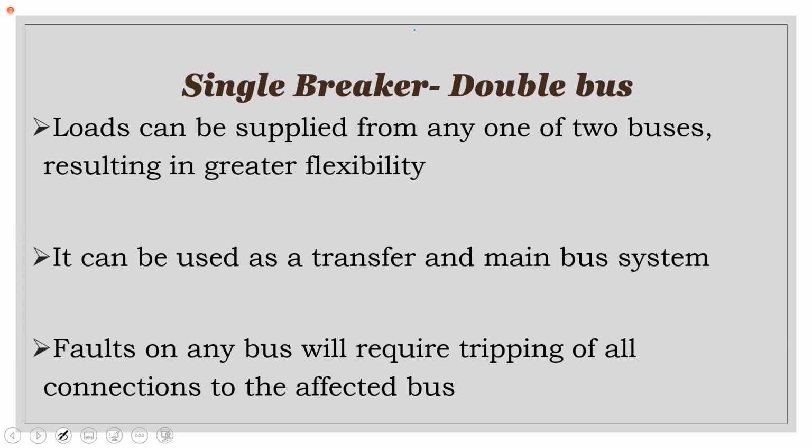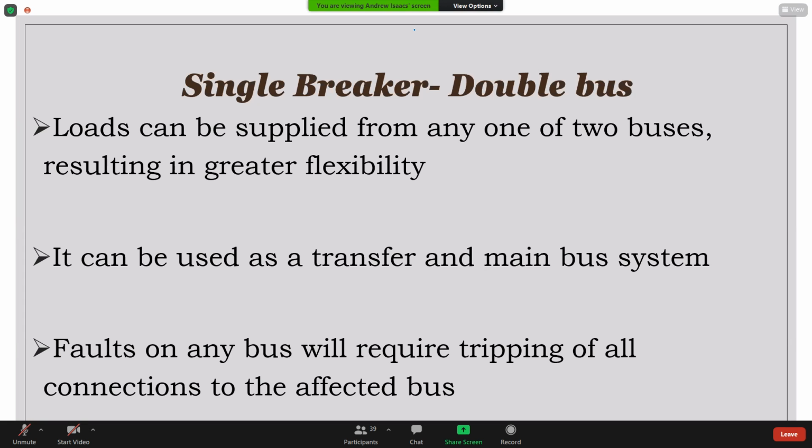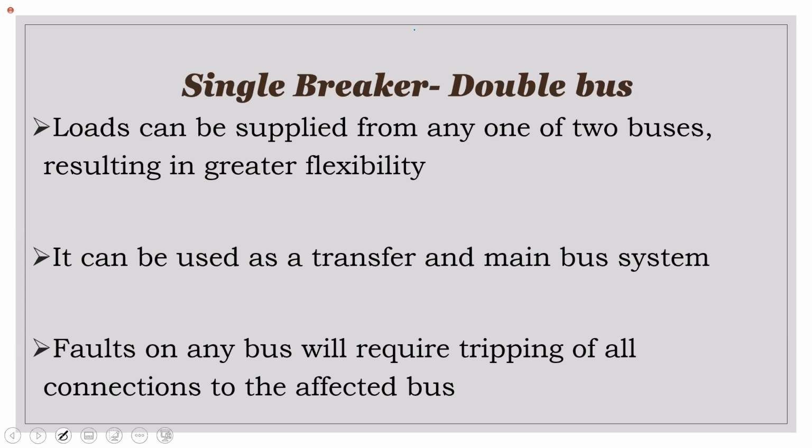Next, single breaker, double bus. So now we are getting into where some important people live in our community, the community that we are doing the design for. So now we have a double bus, single breaker.